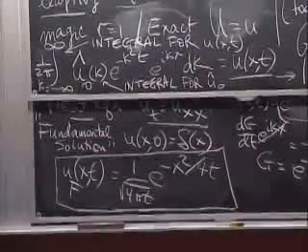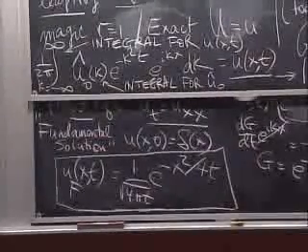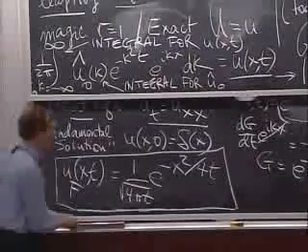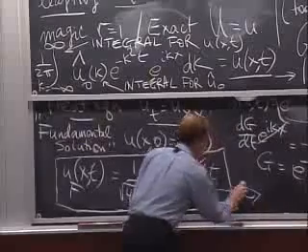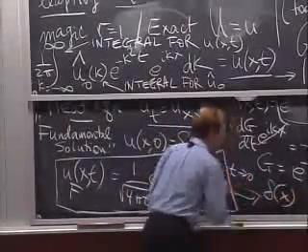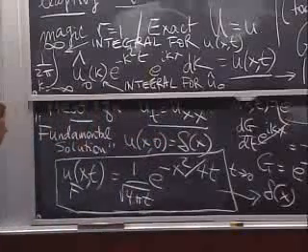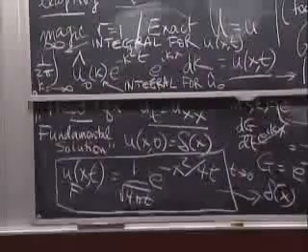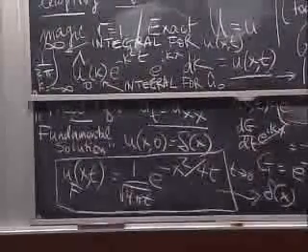Does it really converge to the delta function? As t goes to 0, this should go to the delta function. And in some way it does. It's wonderful.